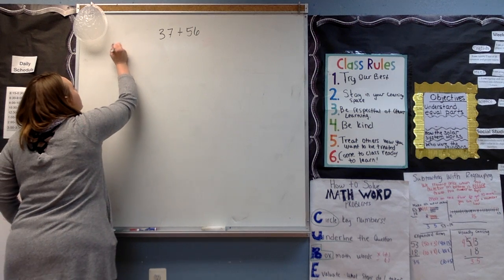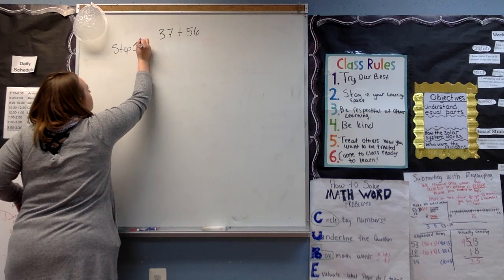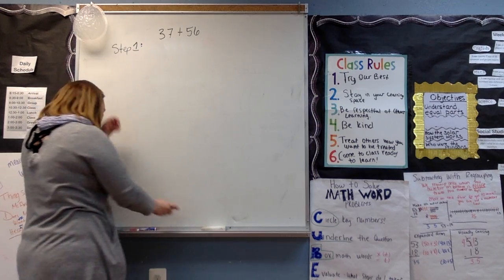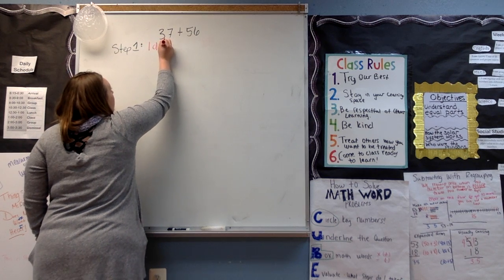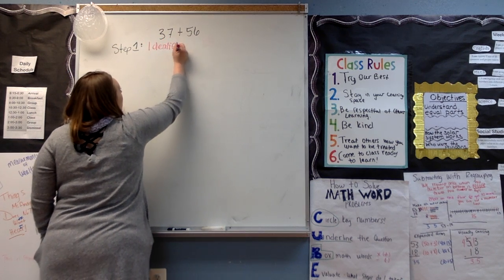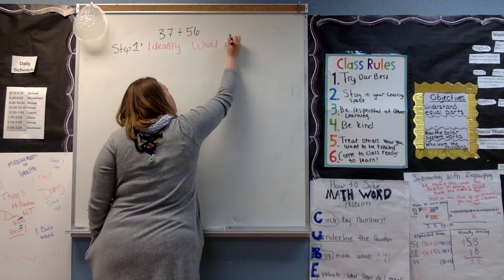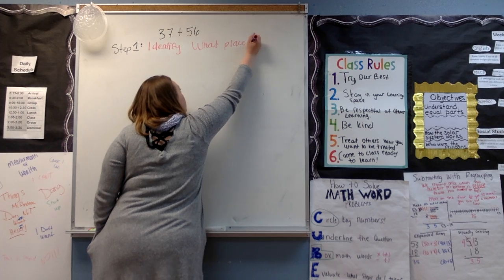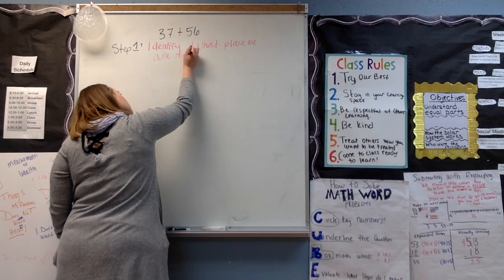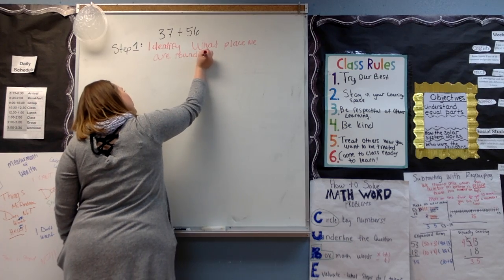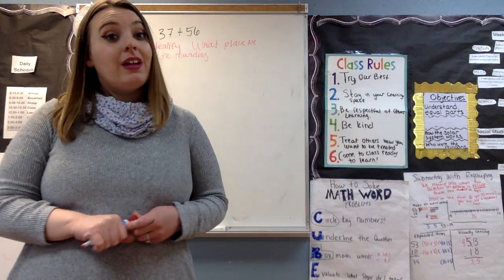So, step 1, identify what place we are rounding. What place are we rounding? That's our step 1. So how we're going to do that is we're going to underline that place.